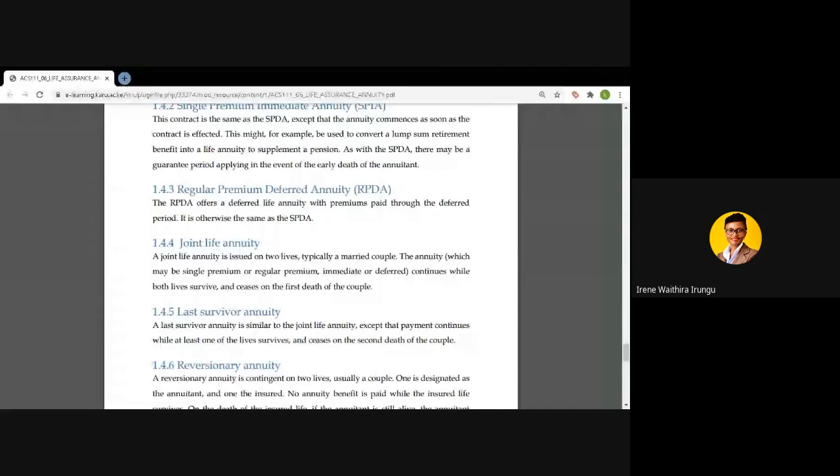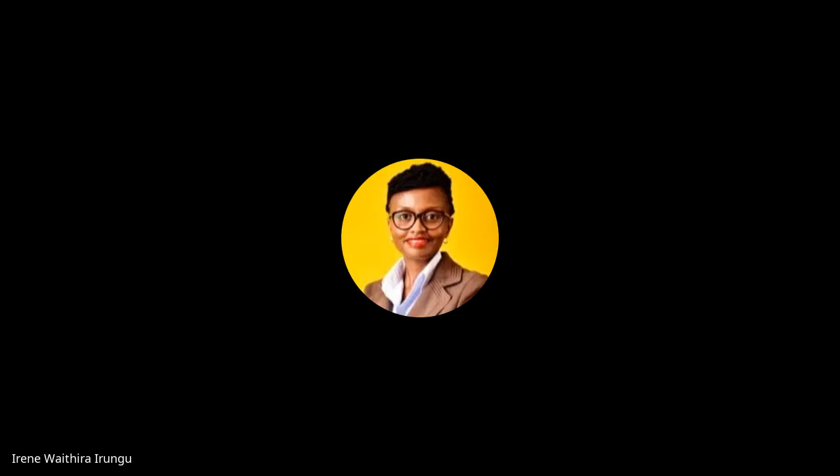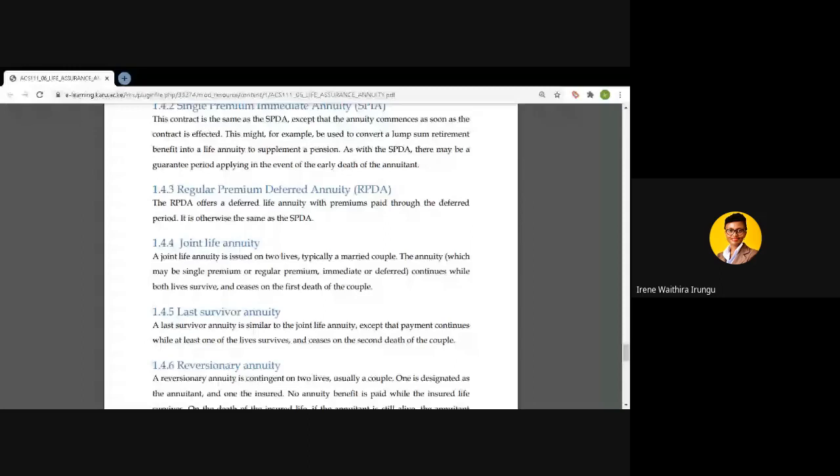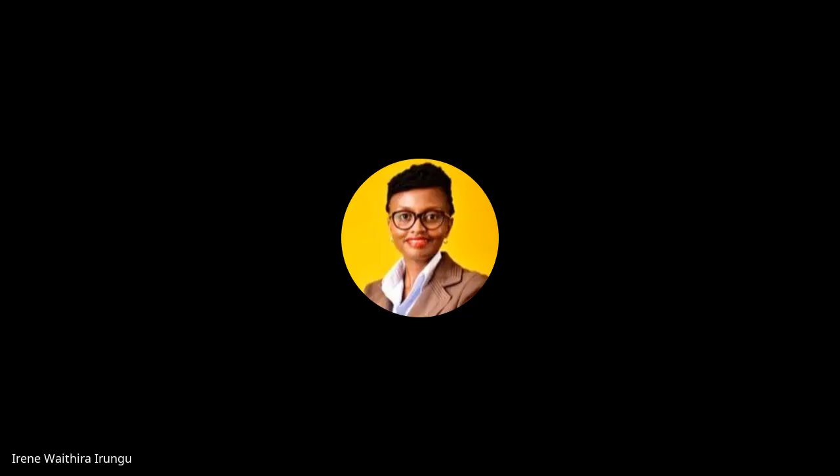So it's possible to have annuity contracts tailored for the two lives together, so that they do not individually purchase annuity products, but rather they purchase one annuity product. So we have variations offered for two lives.